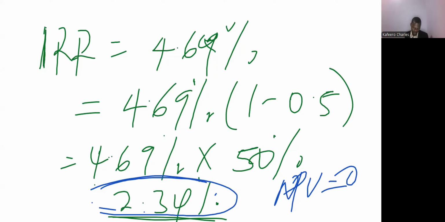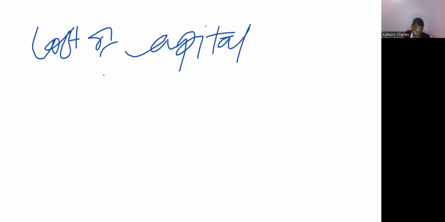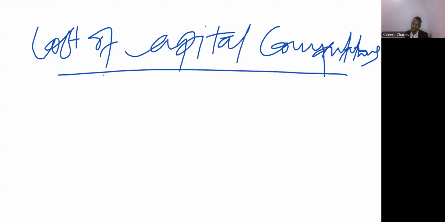So you can try out as many numbers as you can, but we are going to look at computation of cost of capital, the overall. Because here we have been computing the specific cost of each item.